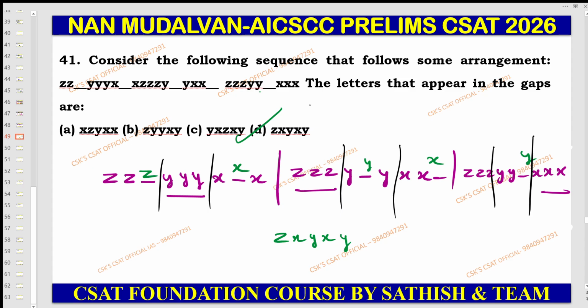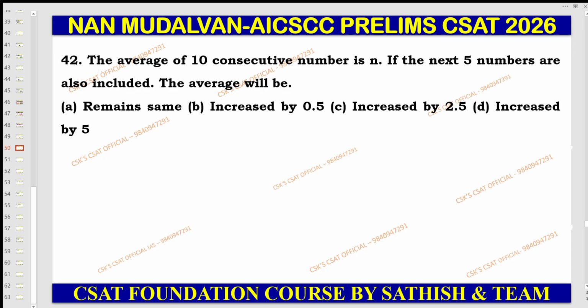Z y y y x x x. Understood? 27 can be split as what? Either 9 or 3 3 3. Easy question, but you have to be very careful. 2.5 marks. Okay. Next question.